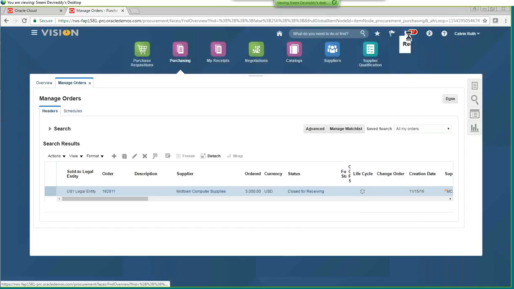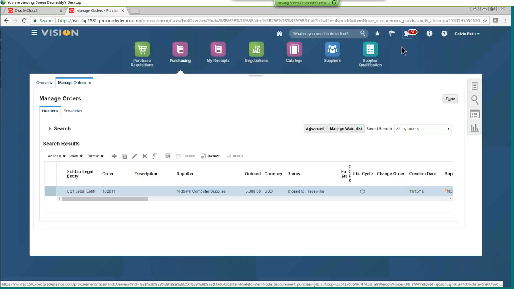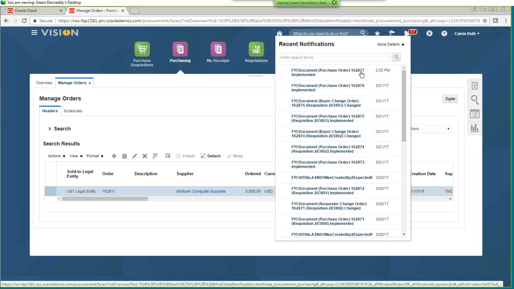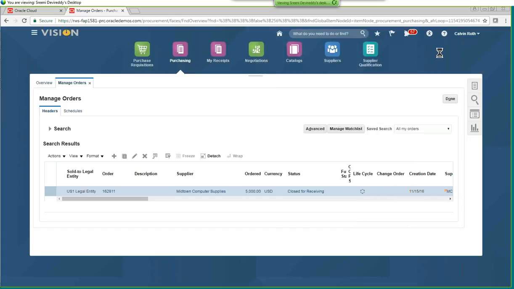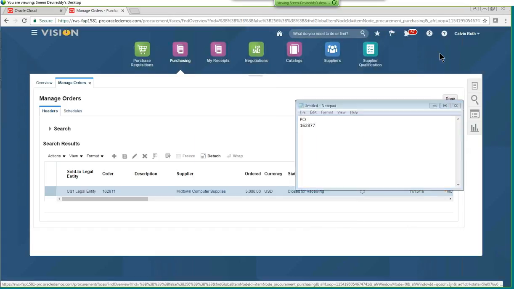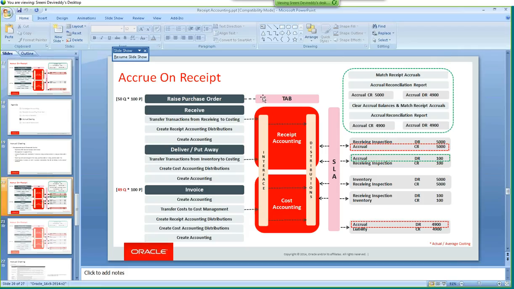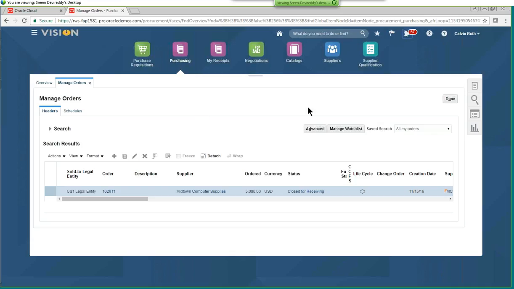Okay, come on. Yeah, okay, it's done. So the PO is approved. Let me show you that notification. 162877 is done. Now, what's the next step? It is to receive the item. So let's go and receive this PO.